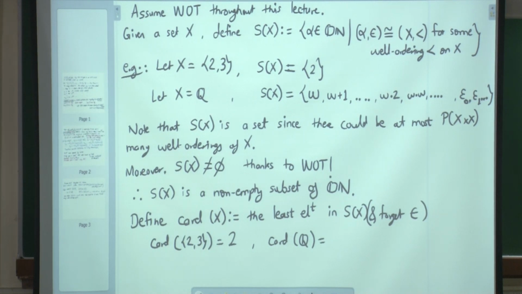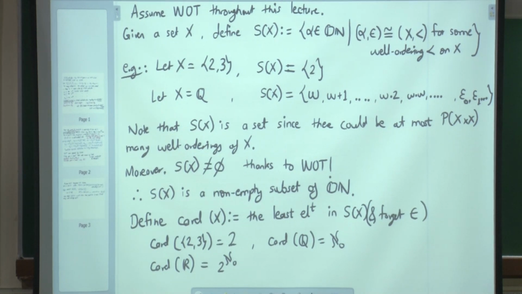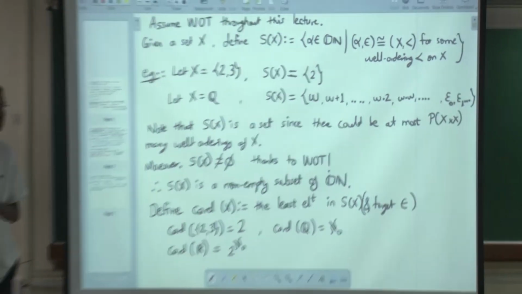So this is omega, but like I said, forget the belonging relationship. So what should I write? Aleph naught. Very good. What is the cardinality of the real numbers in that case? 2 to the power aleph naught, which means the power set of natural numbers.